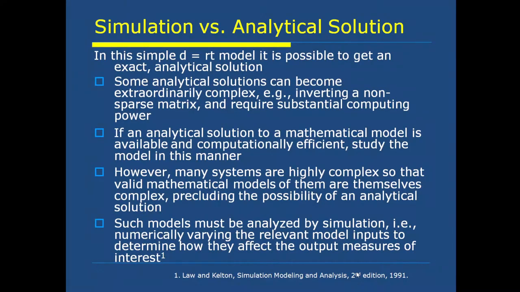In this simple equation, d equals r multiplied by t, it is possible to get an exact analytical solution. Some analytical solutions can become extraordinarily complex. For example, inverting a non-sparse matrix may require substantial computing power.